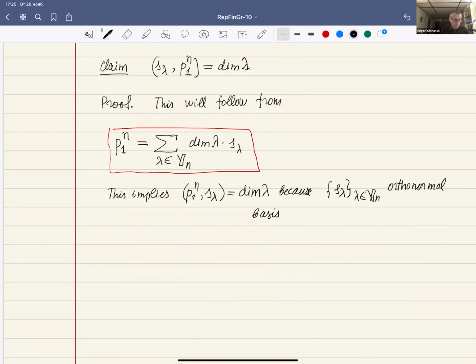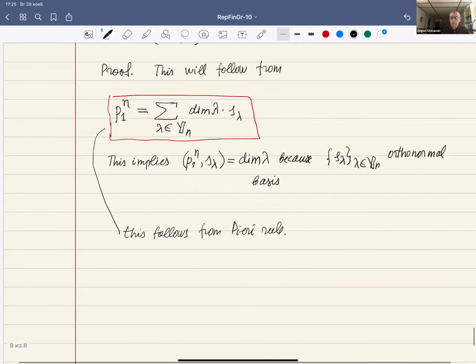So the idea is as follows. This in turn follows from Pieri's rule. We know, it was discussed at one of the seminars, that the following particular case of Pieri's rule holds true. If you multiply a Schur function by this simplest power sum, what do we get?